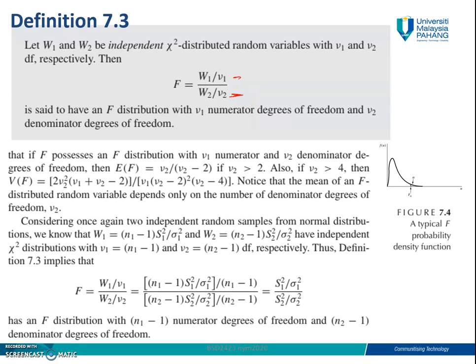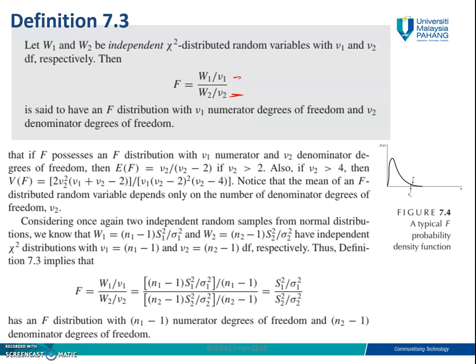If you remember in the previous video, I mentioned this a little bit. When you have two populations, and one population comes from a normal distribution with mu and sigma square, and sigma square is unknown, you will use s square. This s square can be used to estimate sigma 1 square.